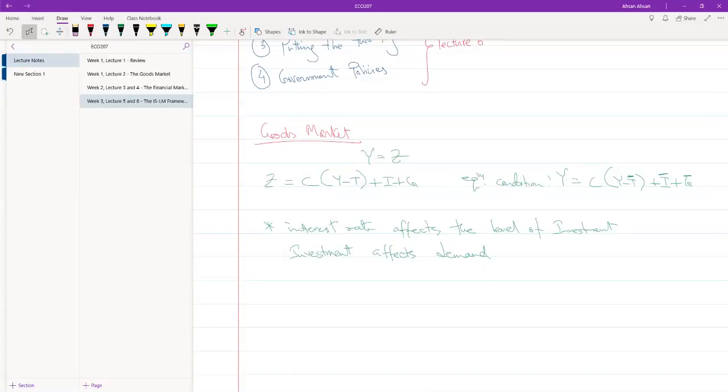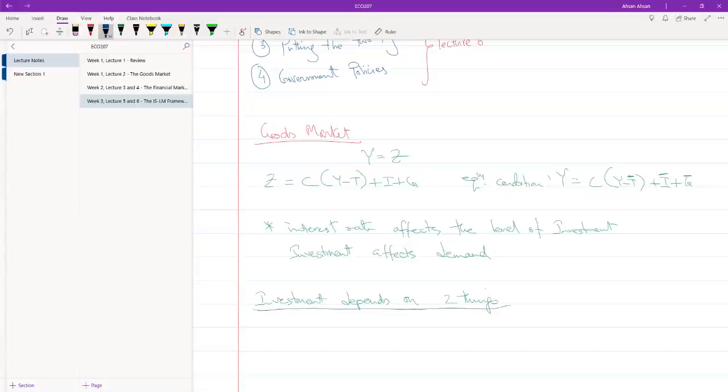So investment depends on two things. So think about it. Well, actually, first, let's talk about what we mean by investment.